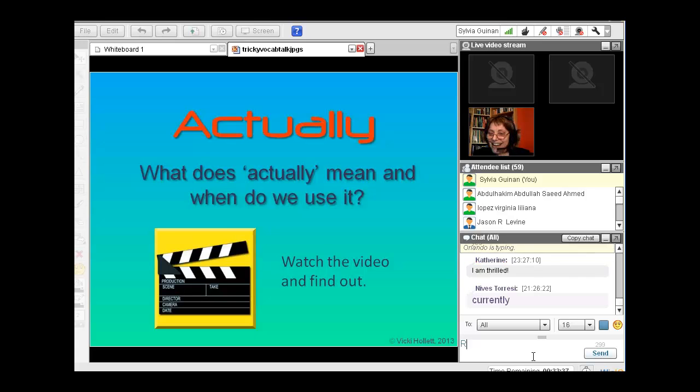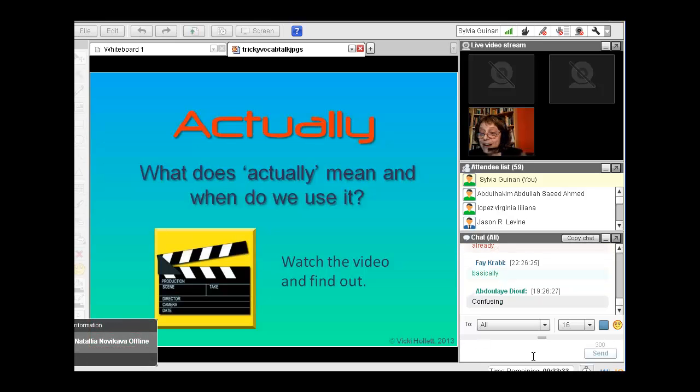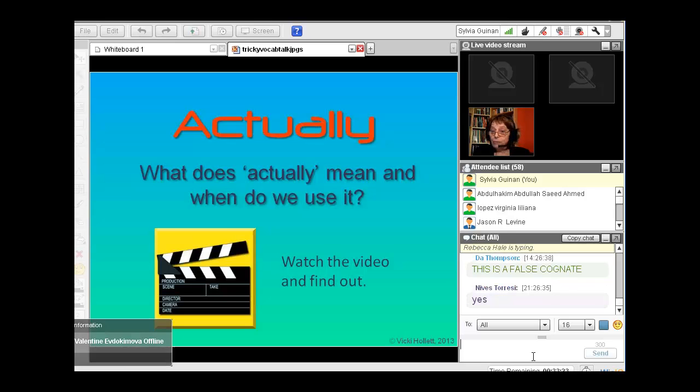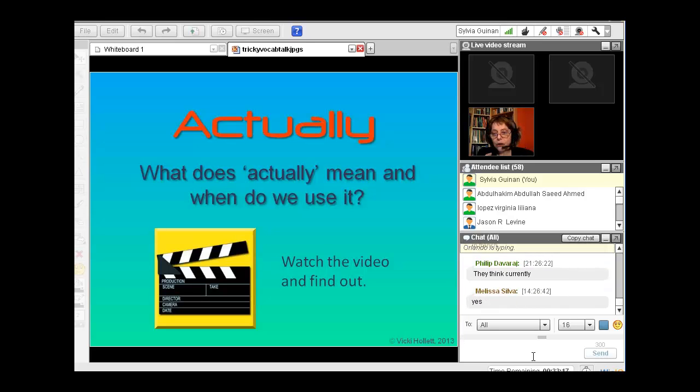Really? Now, it does mean really, you're quite right, but in many languages it's confusing students because they think it means currently. I think, Nevis, you said that. They think it means now, at the moment. It's a false cognate, as you say, and it can be a false cognate in a lot of languages.